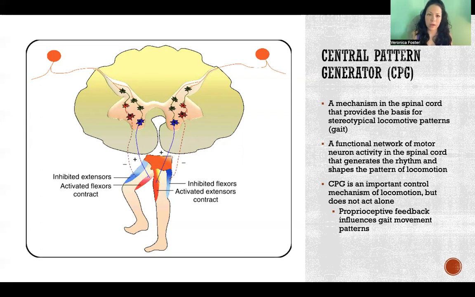We would trip a lot, it'd be really erratic, and we need proprioceptive feedback coming back from the limbs so that we can adjust and smooth and coordinate our movement. So CPGs generate those basic locomotive patterns right from the spinal cord, but the sensory feedback is really important for smoothing and controlling the overall movement.